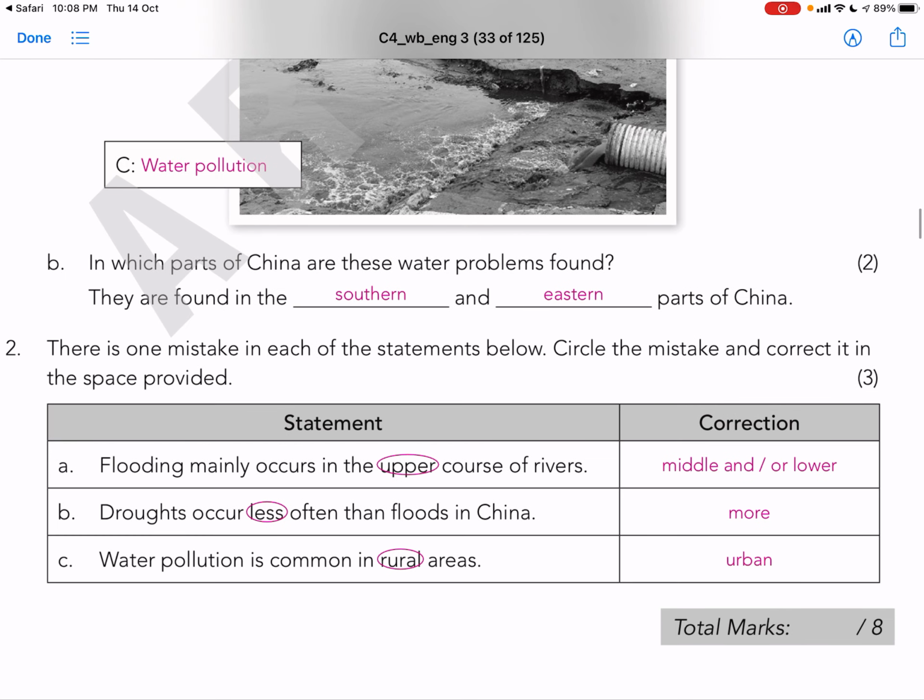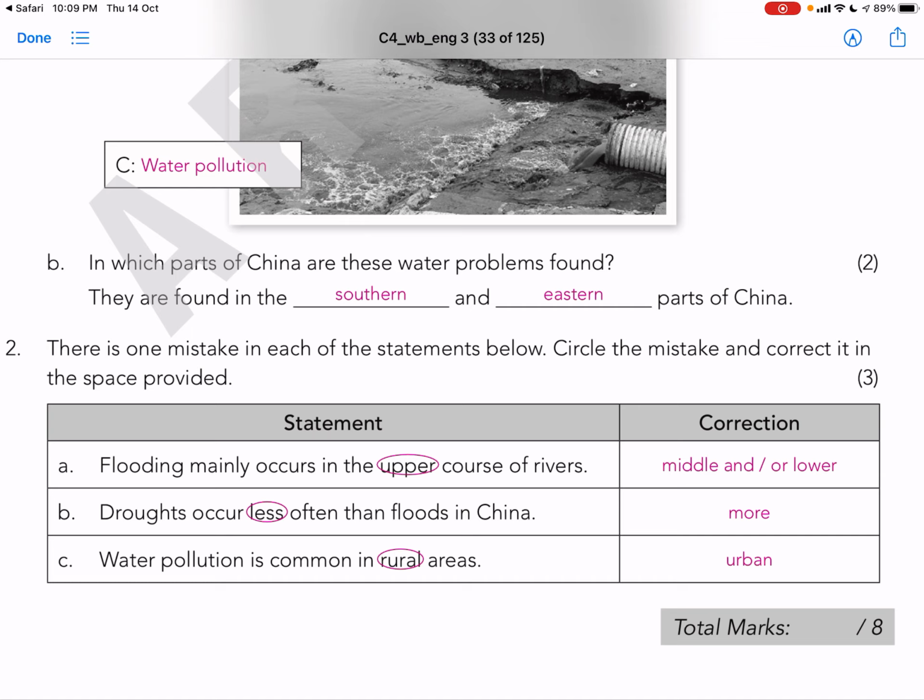Which part of China may we find these water problems? Bear in mind, the water problems mostly take place in the southern and eastern part of China, because there are too many people, and they use a lot of water, and they develop a lot, so that it induces flooding, and they also make a lot of pollutants.